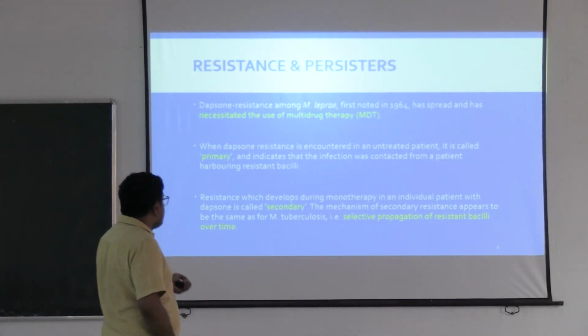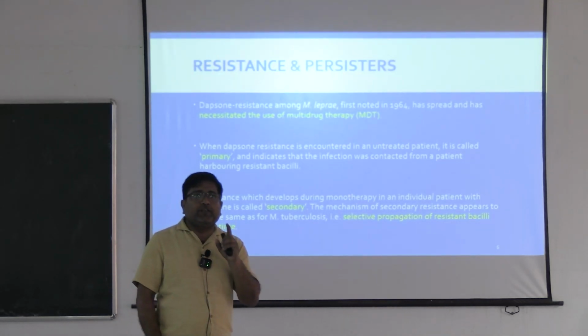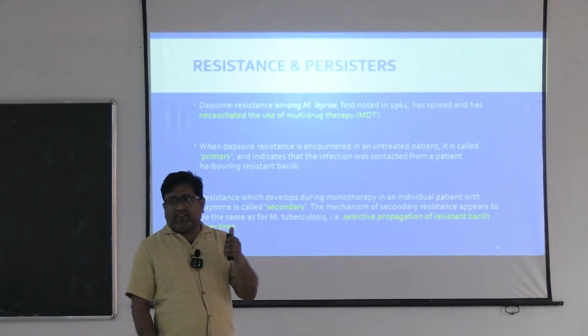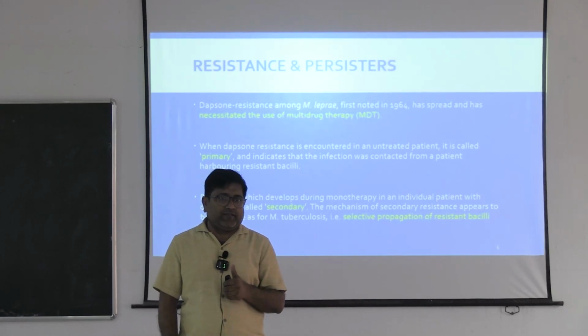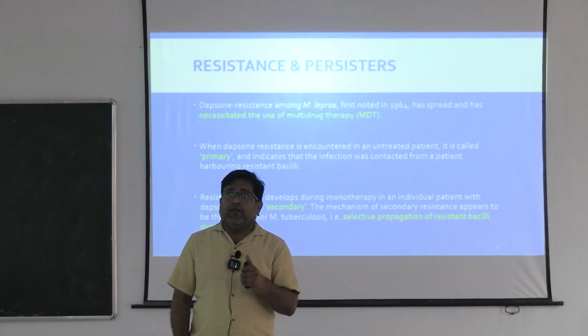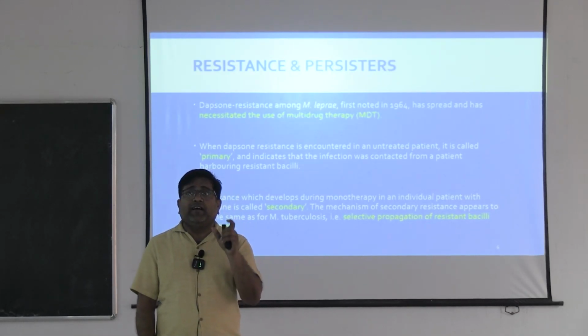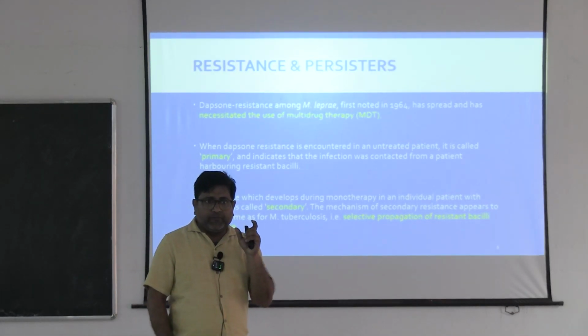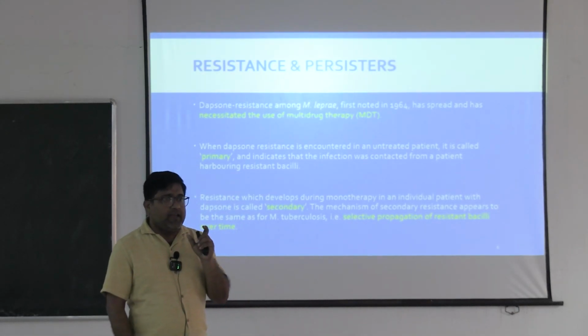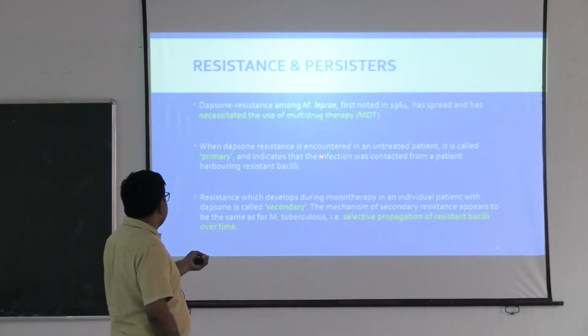Well, there are two types of resistance that are seen with Dapsone therapy. One is primary resistance and the other is secondary resistance. Primary resistance means before the starting of the therapy, the person is resistant to Dapsone. That is primary resistance, and it occurs because the patient harbors resistant bacilli.